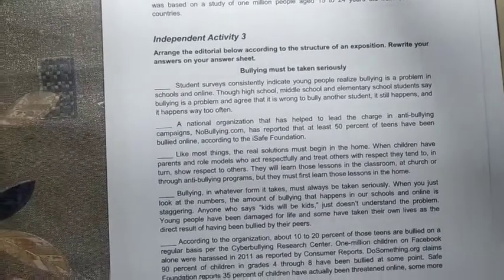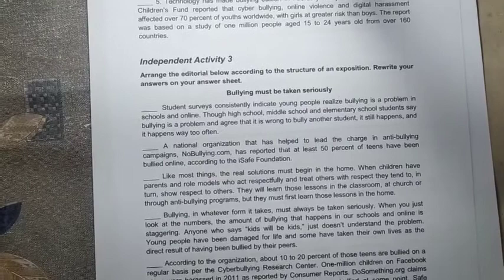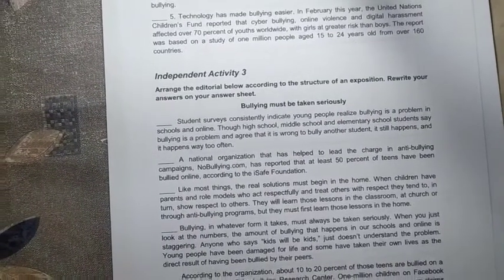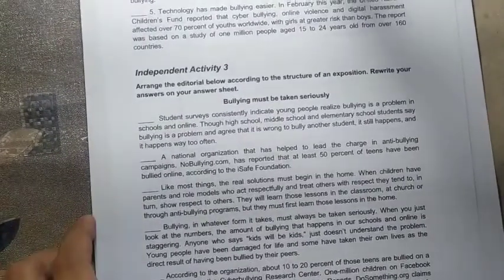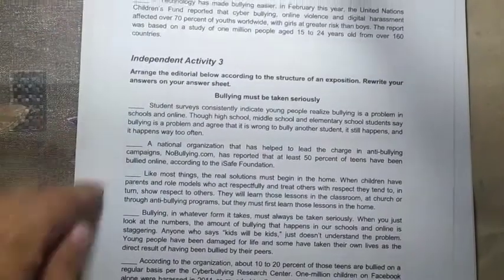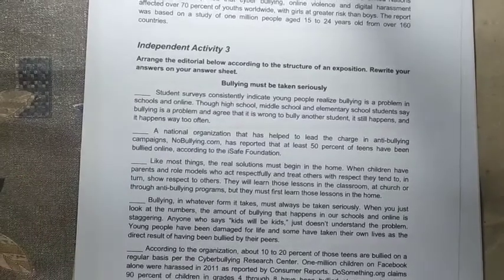Then the last one will be the reinforcement on what they should do, what they should not do, or what are the benefits and consequences after doing it, after not doing it. So that will be independent activity number 3. You will rewrite these 5 paragraphs according to the structure in proper order.